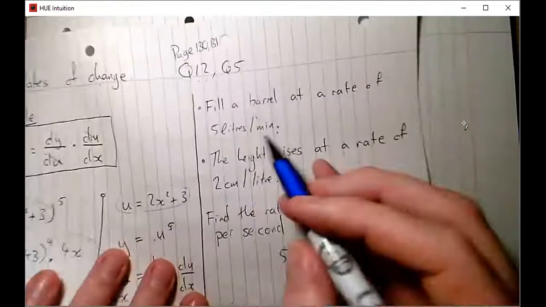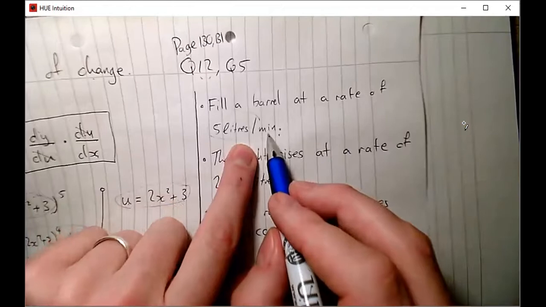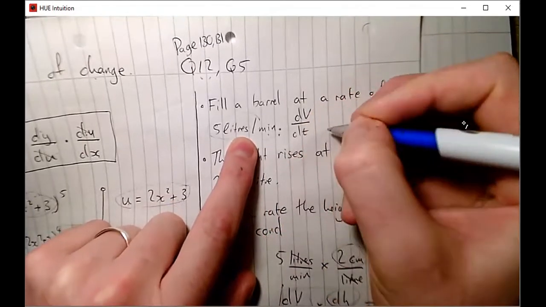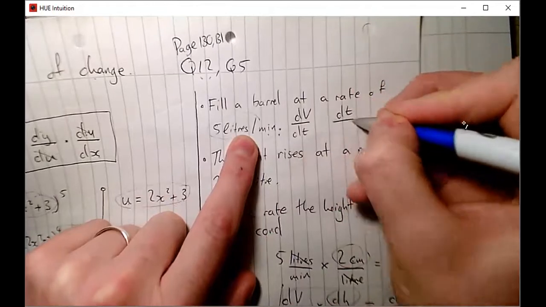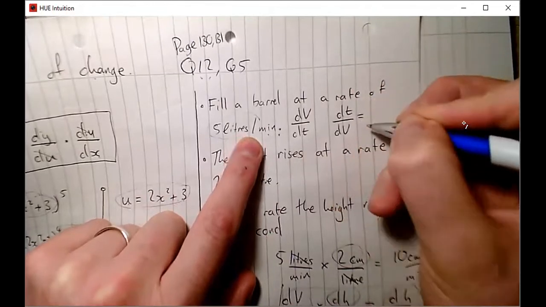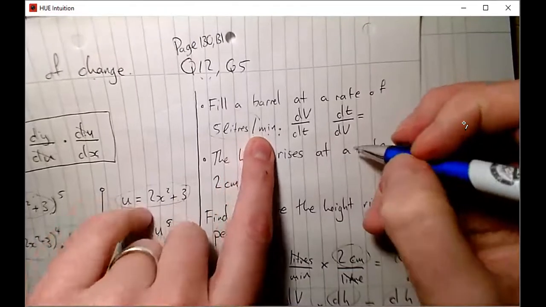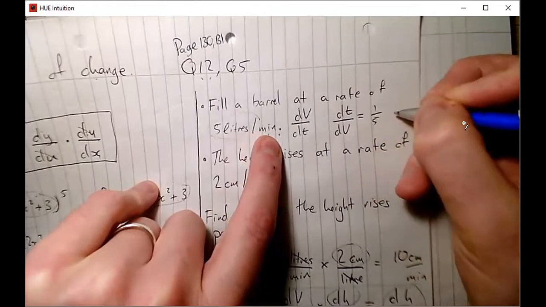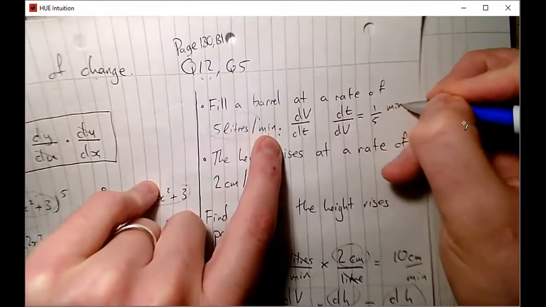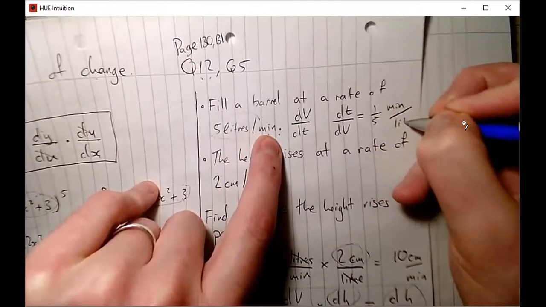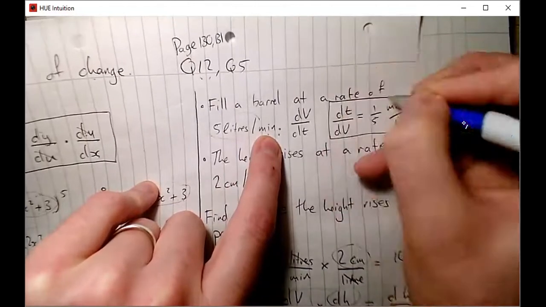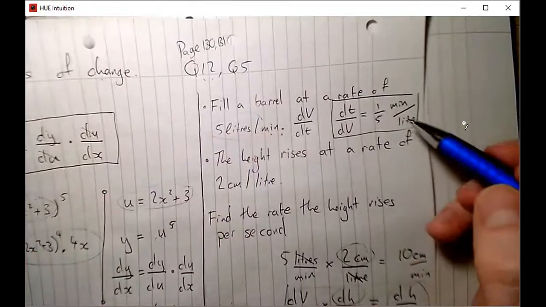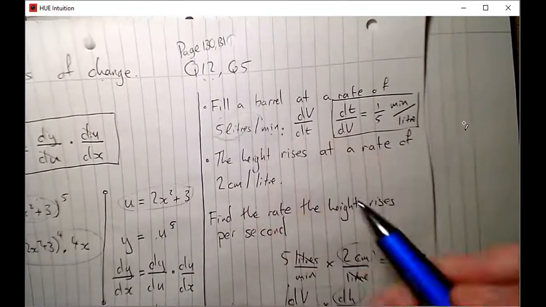If I'm filling a barrel at a rate of 5 liters per minute, that is dV/dt. And if I asked you at what rate am I filling it, how many minutes per liter, the answer would be 1/5 of a minute to fill 1 liter, 1/5 of a minute per liter. That's the rate at which you're filling it if you're saying time with respect to volume. How long does it take to get 1 liter? 1/5 of a minute per liter. All I've done is invert.